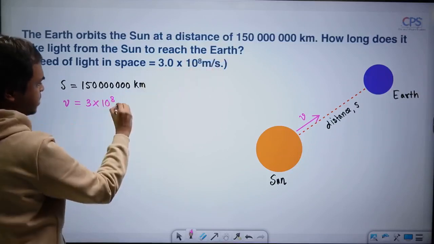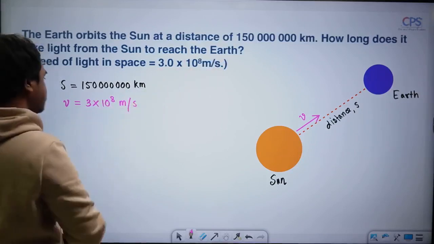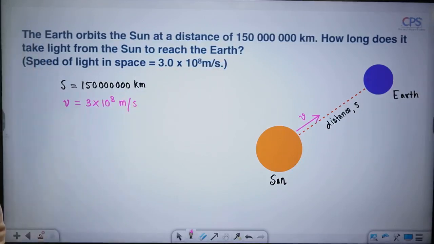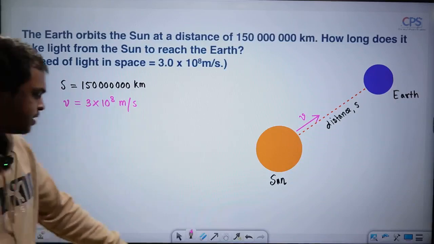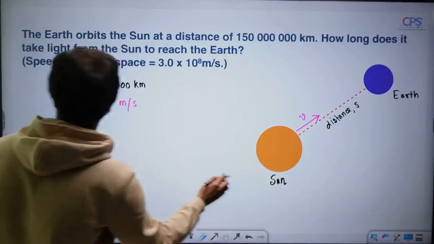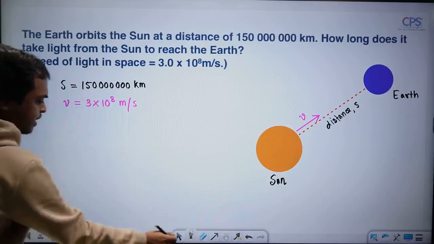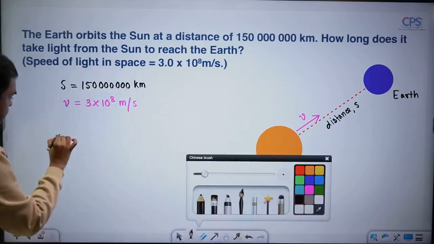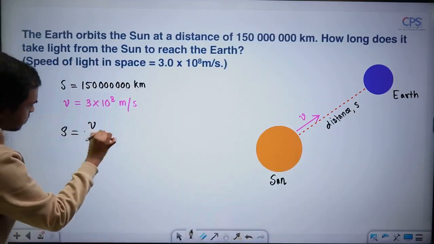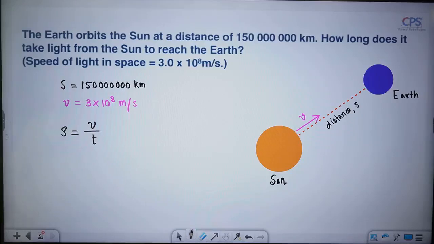That's general knowledge, right? So we have to calculate the time, right? Now you know that displacement, or in this case distance, S equals V by T. Or is it?